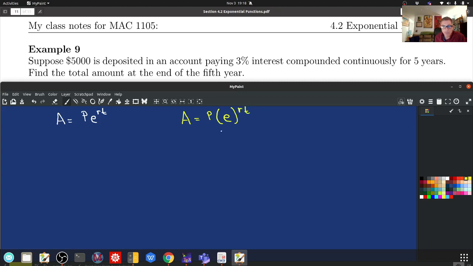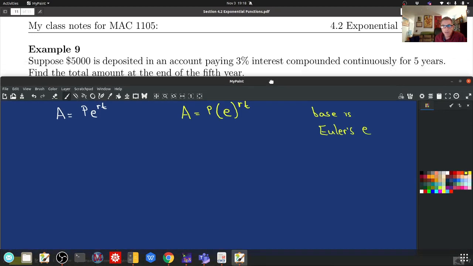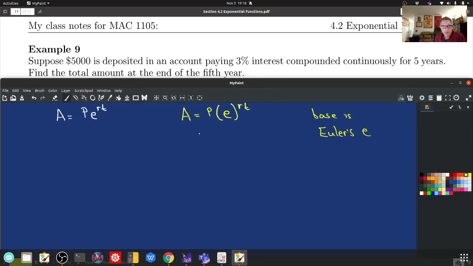That's the important thing, is you realize the base of this exponential function is Euler's e. If you wanted to, you could write f of t equals P times my base e, that's a constant, raised to the r times t. So let's use that.